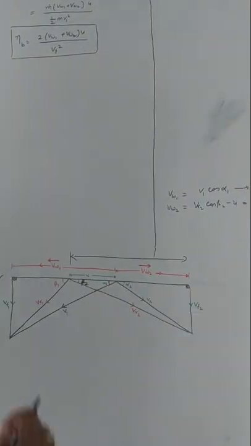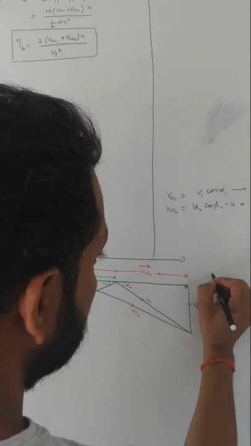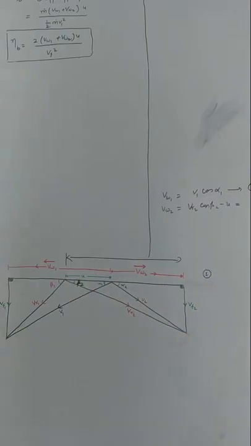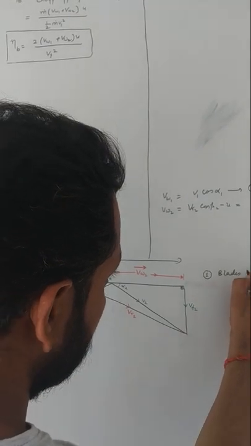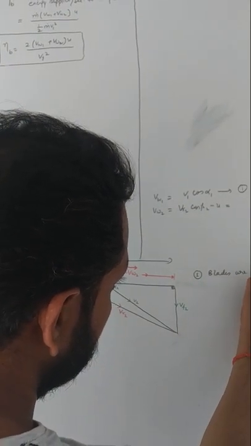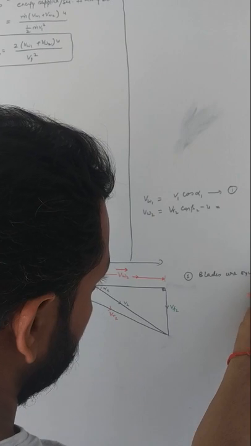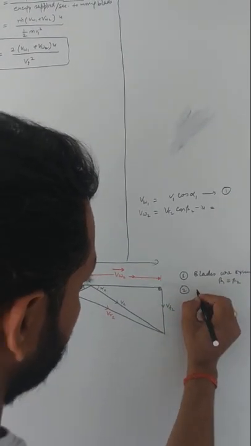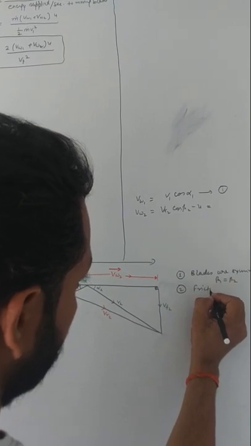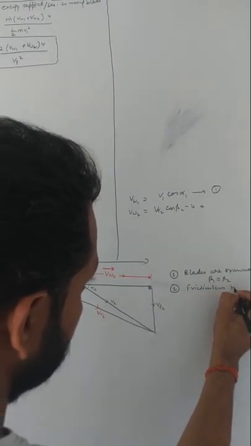Actually we consider the conditions for the impulse turbine. First one is blades are symmetric, that is beta 1 is equal to beta 2. Second condition, frictionless blades.